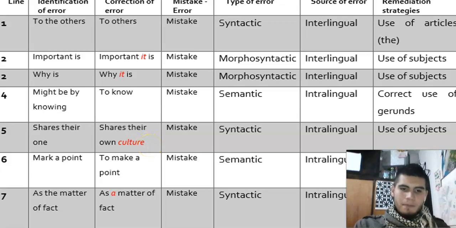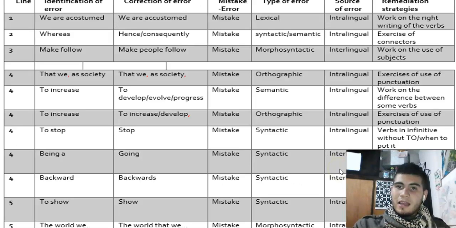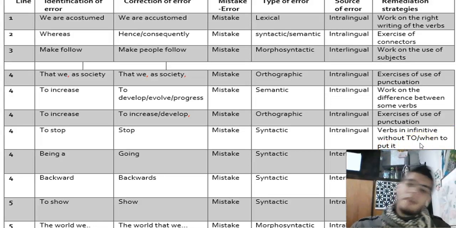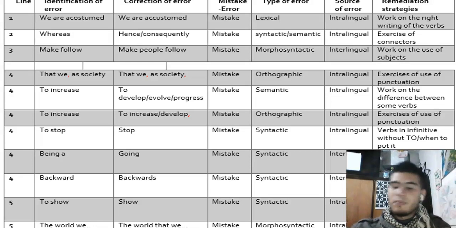So, I'd like to do now an analysis of the syntactic error, and as I said, I have the corrections here about the syntactic use of subjects, as always. Here, correct use of verbs. Now, here, syntactic: verbs in infinitive without to, when to put it, and when I have to put the to, and when I don't. That's a problem I have as well here.